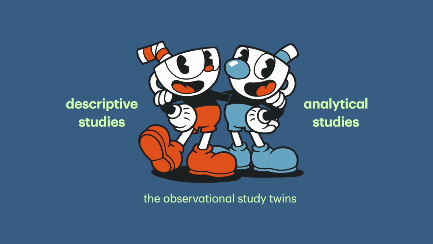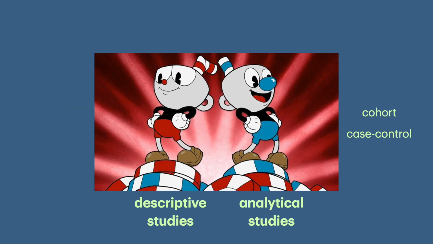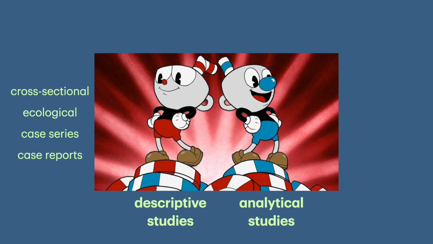So observational studies can then be further broken down into descriptive studies and analytical studies. Analytical studies are things like cohort studies and case control studies, and in this type of observational study, you're actually doing some analysis, comparing between your two groups, and getting some p-values. Descriptive studies, however, are more about describing what you see, and these come in flavors like cross-sectional studies, ecological studies, case series, and case reports.